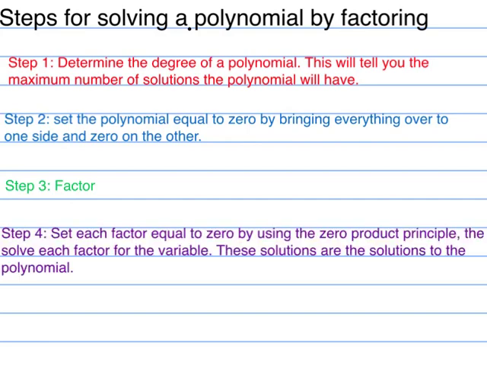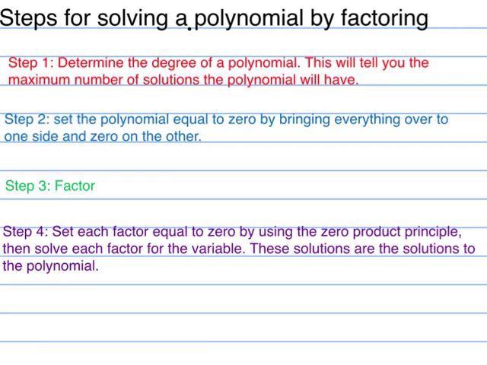The last step is just to set each factor equal to 0. Once again, we'll use the zero product principle, and then we will solve each factor for the variable. These solutions are the solutions to the polynomial.